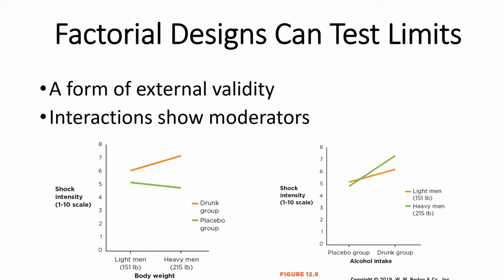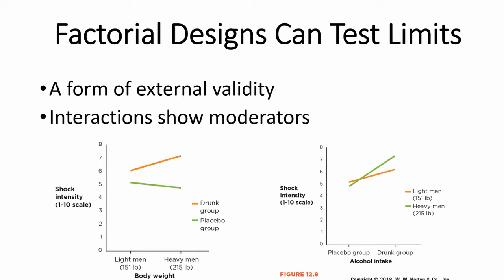And to bring back another term that we talked about earlier in the course, we can talk about how these interactions actually show the action of moderators. We talked about moderators way back when we were looking at correlation type studies.